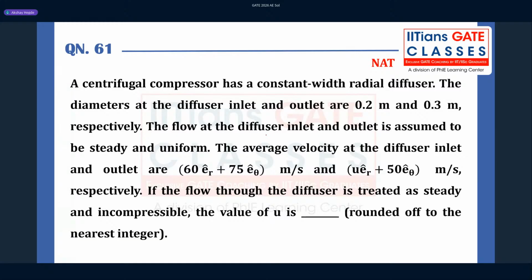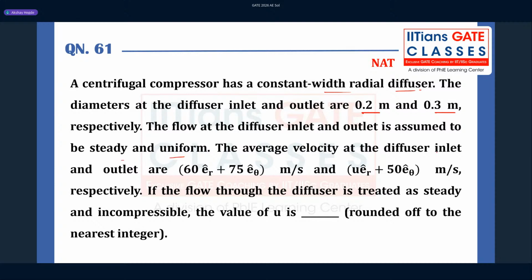So we have a centrifugal compressor with a constant width radial diffuser. The diameters at the diffuser inlet and outlet are 0.2 meter and 0.3 meter respectively. The flow at the diffuser inlet and outlet is assumed to be steady and uniform.